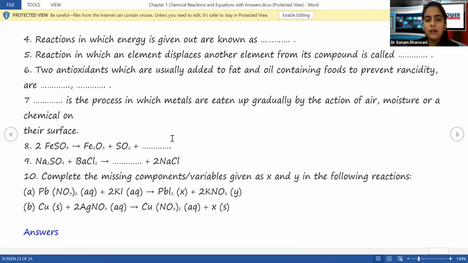You don't need to learn these reactions; if it comes as a fill in the blank, you just have to write it. Balance it, the whole reaction is given, everything else is balanced. 2 Fe here, 2 Fe here, S2 here, and here S. Since S2 is there, only one S is given here, so one S will come here. Oxygen here is 5, and here it is 8. That means 3 oxygen will come here, so the product will be SO3. Got it? Understood? Yes.